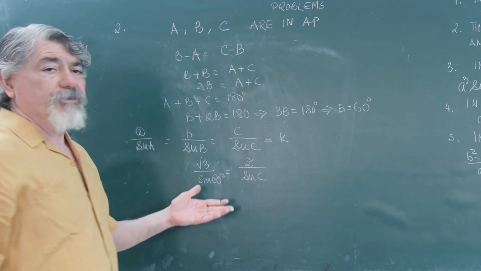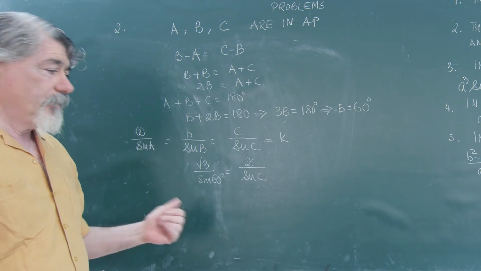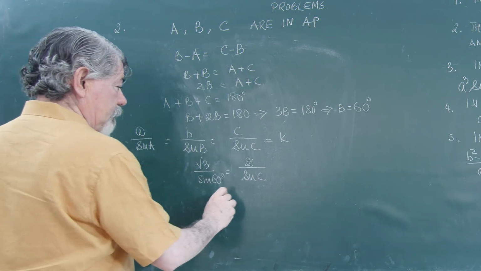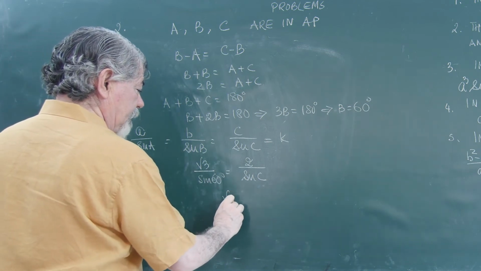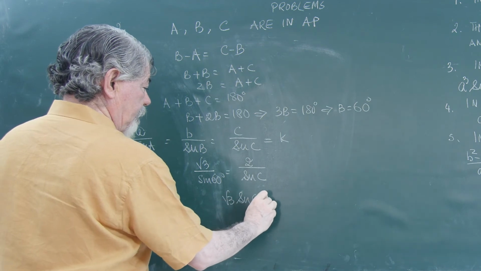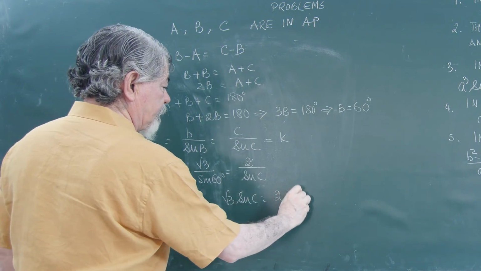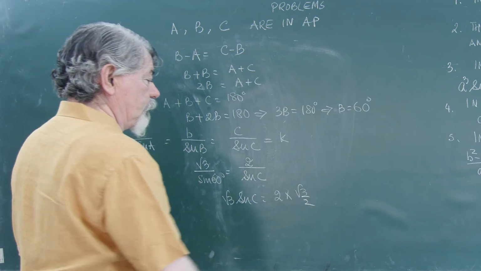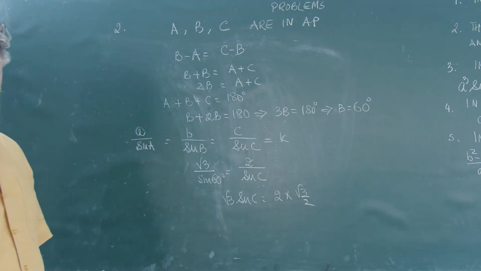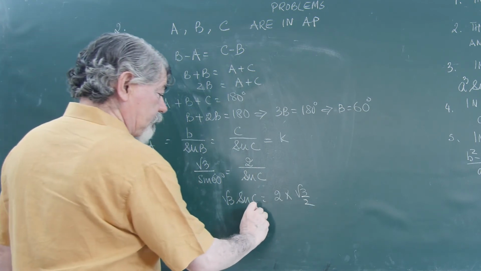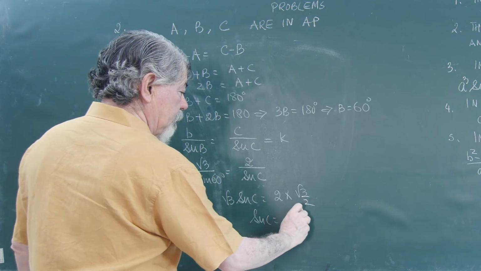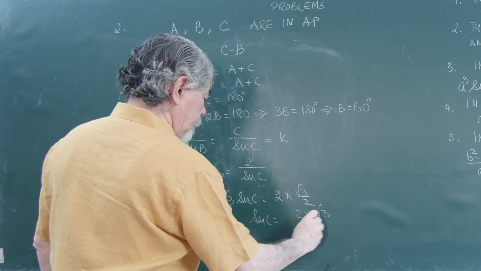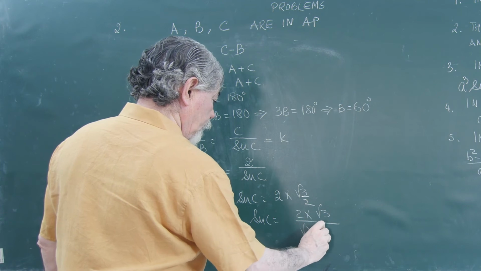From this I will be able to calculate the value of sin C. Let us see what happens. Root 3 sin C will be equal to 2 into sin 60, which is root 3 upon 2. The value of sin 60 is root 3 upon 2. So sin C will come out to be 2 into root 3 upon root 3 into 2.